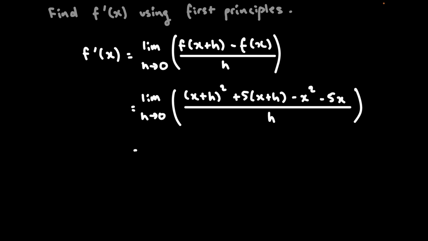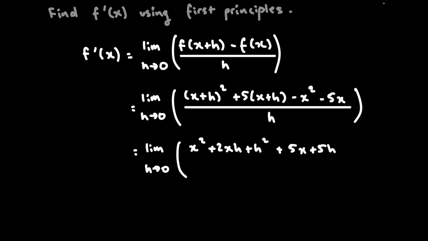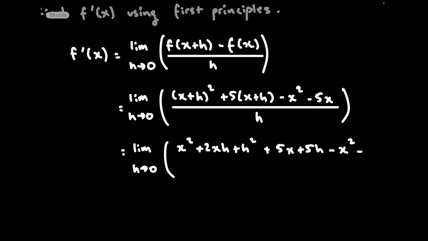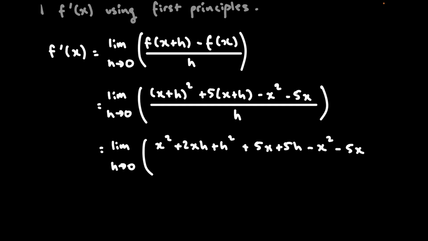Now what we can do is expand the numerator. On the numerator, we can expand this bracket into x squared plus 2xh plus h squared. We can expand the second bracket into 5x plus 5h. And then we can do minus x squared minus 5x, all over h. Continuing on, what can we cancel from the numerator?